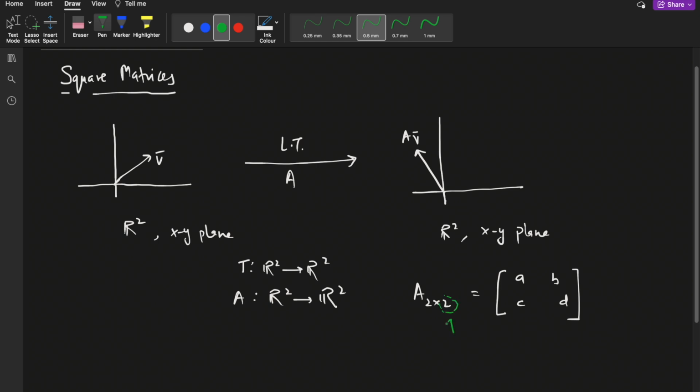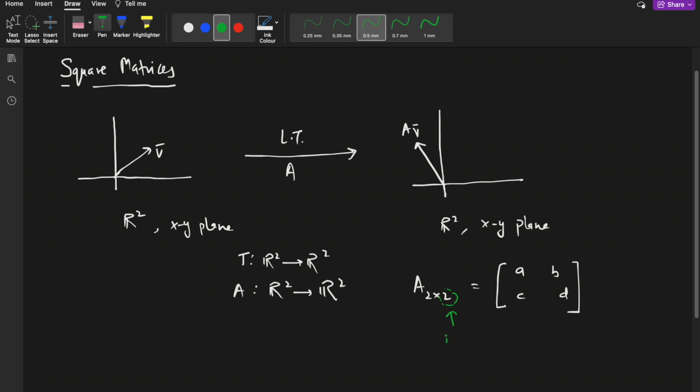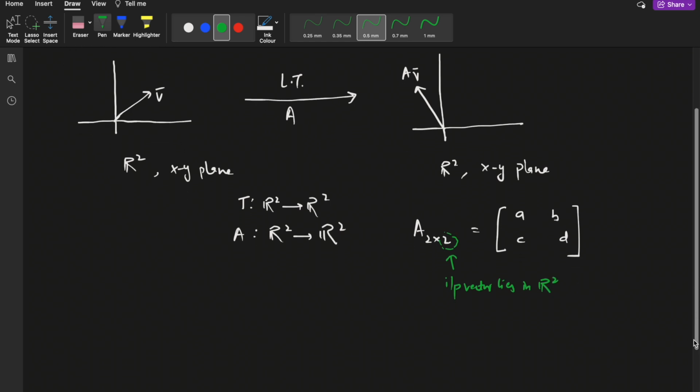This means that the input vector lies in R2. It is two-dimensional.